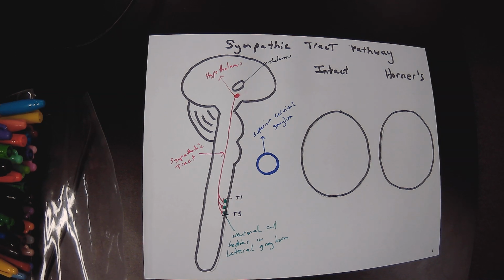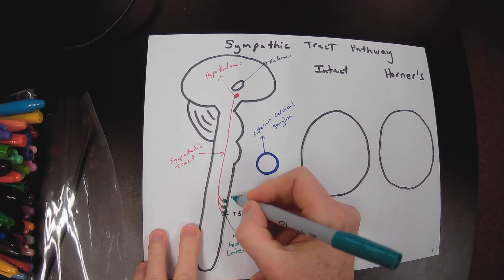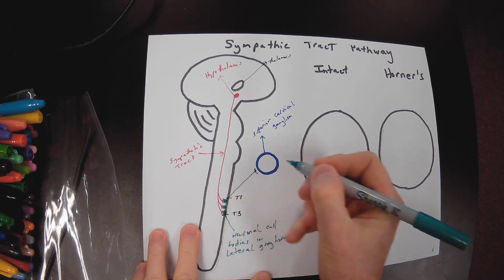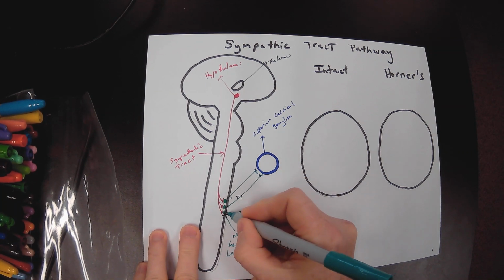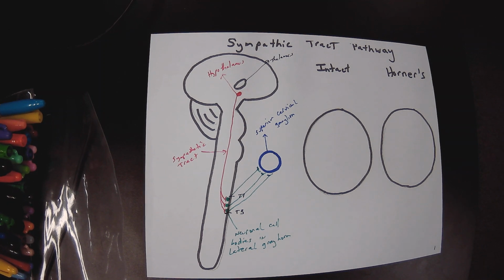Neuronal cell bodies in the lateral gray horn send out axons that synapse with the superior cervical ganglion, and these are preganglionic.